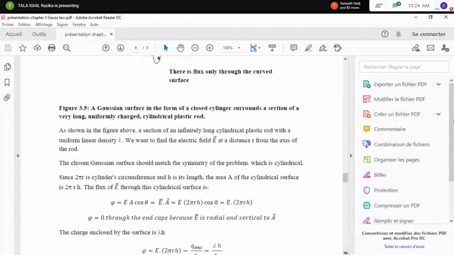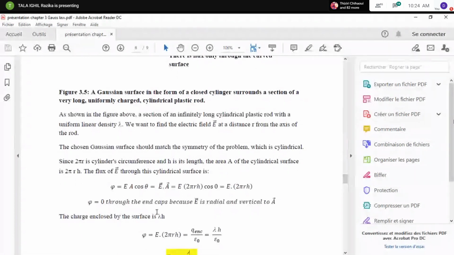In this case, phi is 0 through the end caps because E is radial and perpendicular to A.